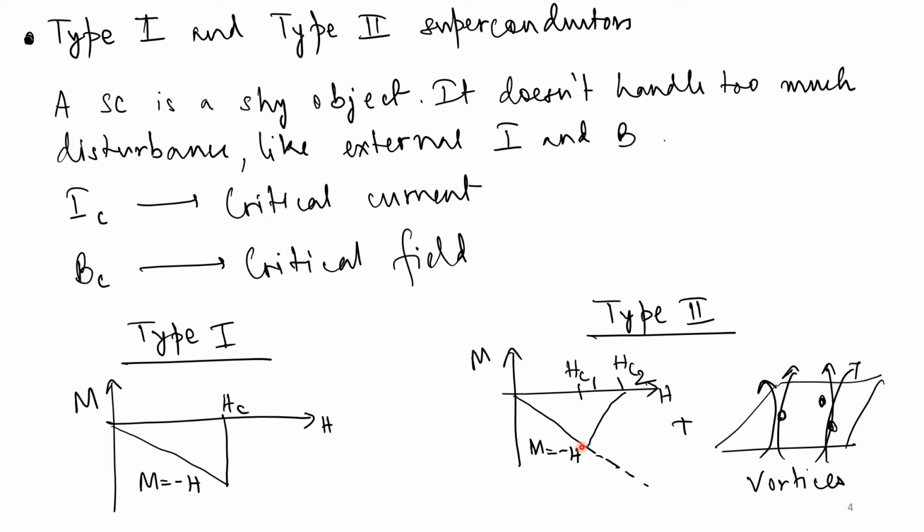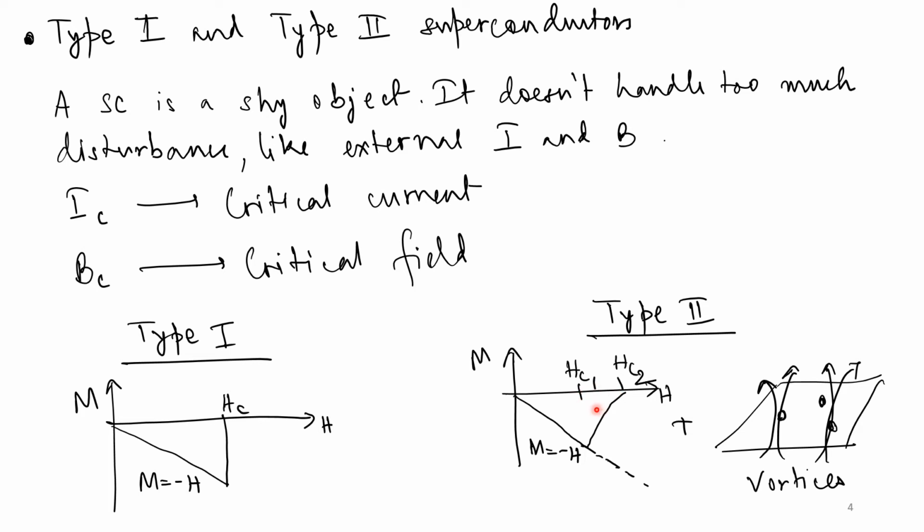But then it does not immediately get its superconductivity destroyed, or rather it gradually changes back into a normal metal. Okay. So the region between this HC1 and the field at which it truly loses all superconductivity is called the upper critical field, or HC2. Now this particular phase, between HC1 and HC2, is called a mixed phase.